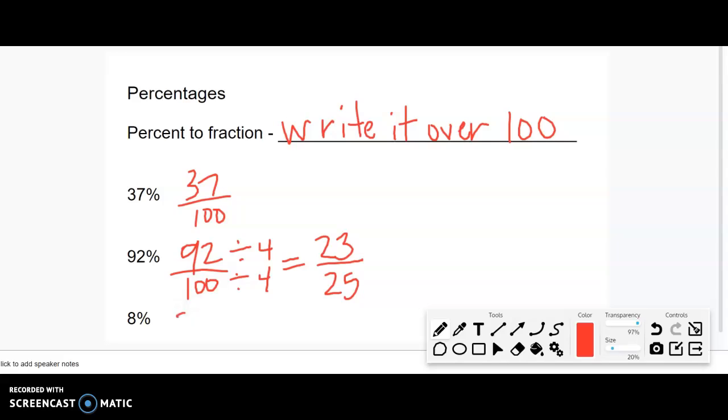And then 8%, 8 hundredths, which again I could simplify dividing by 4. Divide by 4 again, so I get 2 25ths. All right, so that's pretty straightforward. If it has a decimal, you would just need to turn it fully into a decimal and then into a fraction from there.